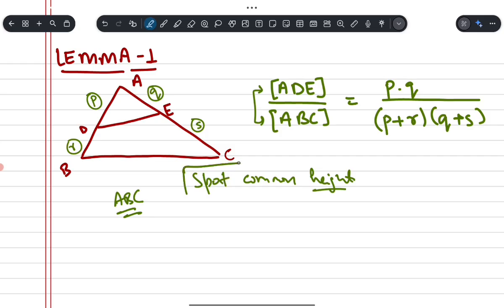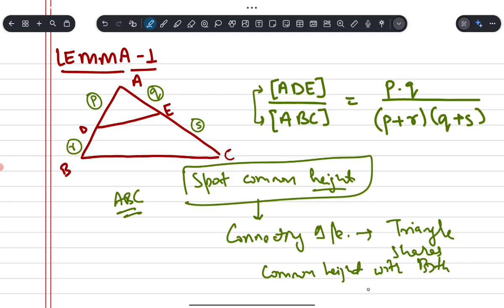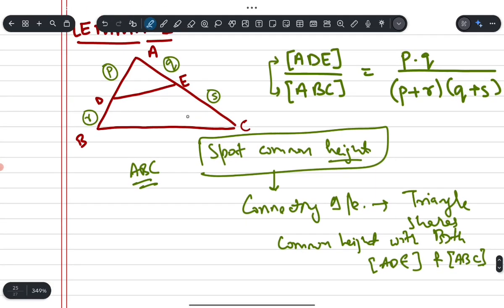In such sort of situations, you're going to find a connecting triangle. What is a connecting triangle? It's a triangle that shares common height with both ADE and ABC. Alright, so we'll have to find a connecting triangle.